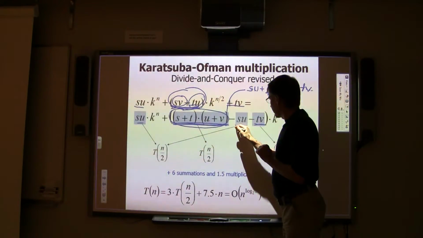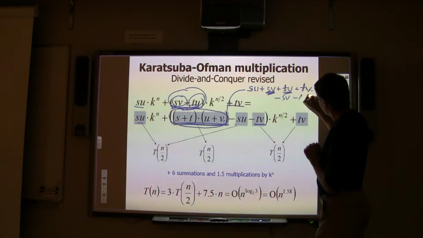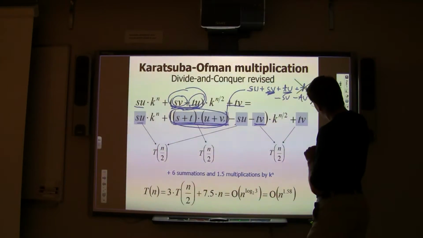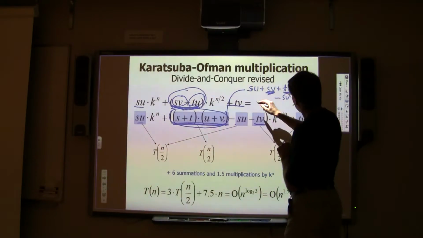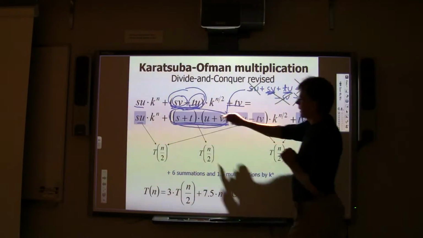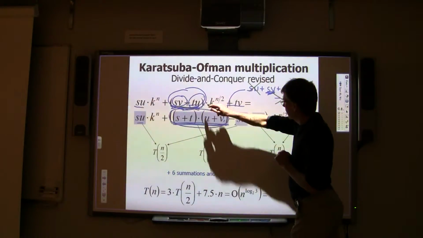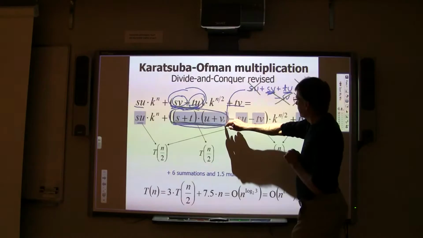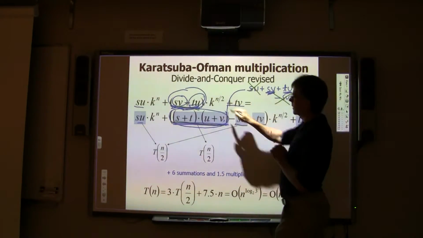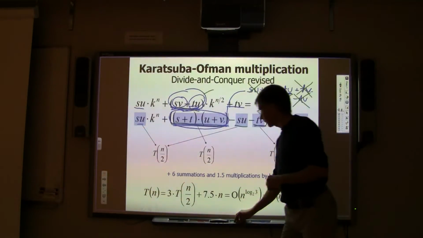But if I now subtract here minus SU minus TV, it means that I can take away this one and this one, SU and this one. Now I have exactly what I had here. So if I replace this one by this equation, minus SU minus TV, then it equals to this one. So little trick, and what do I gain?